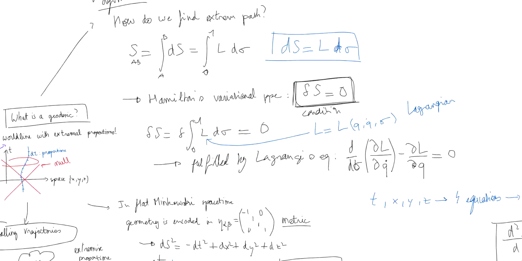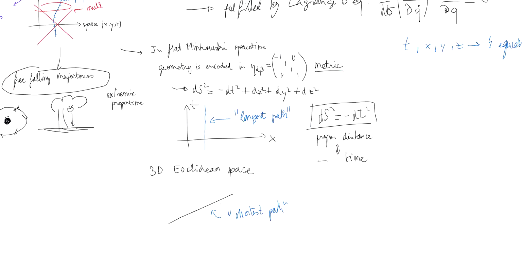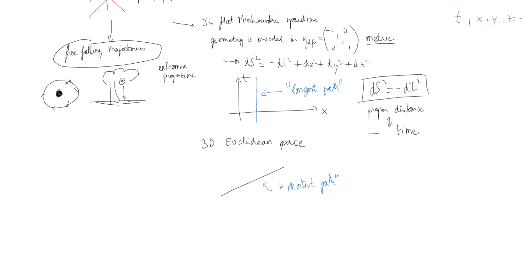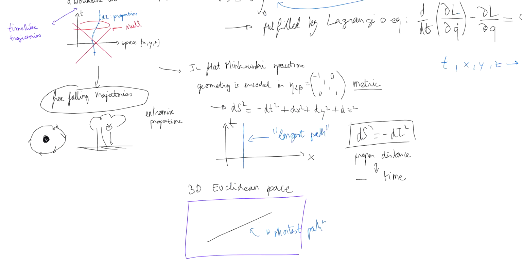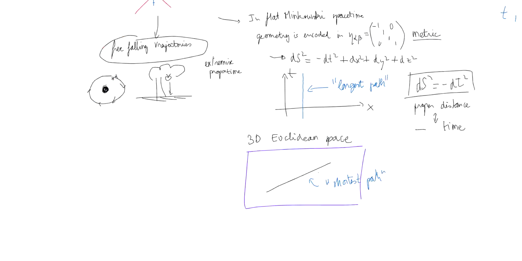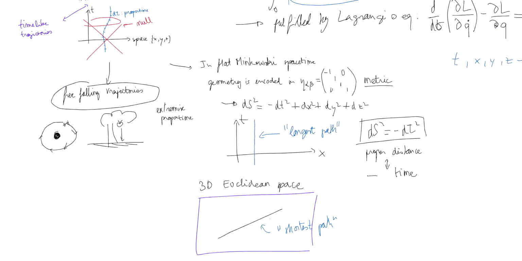Yes. So with Hamilton's principle, you can basically show that in 3D Euclidean space, straight lines are the shortest path. This you can show. And I will stop here for today.